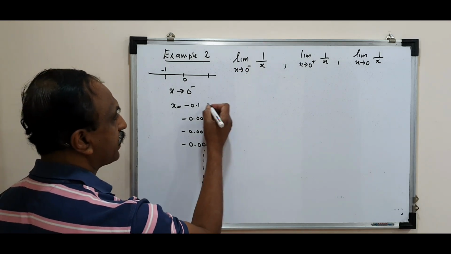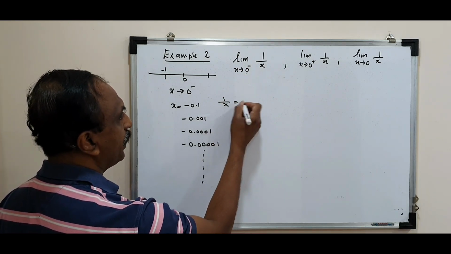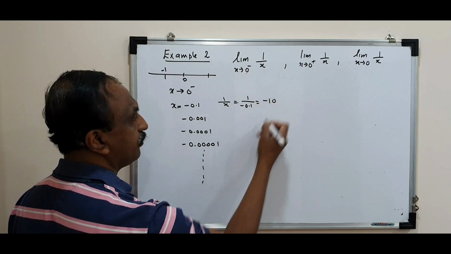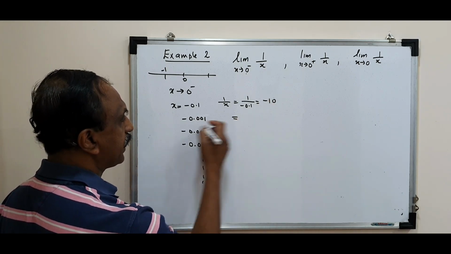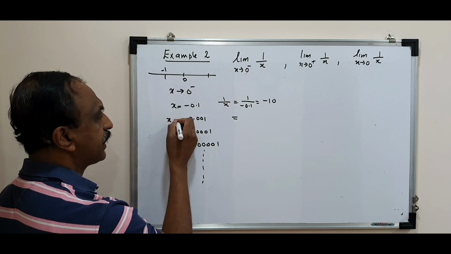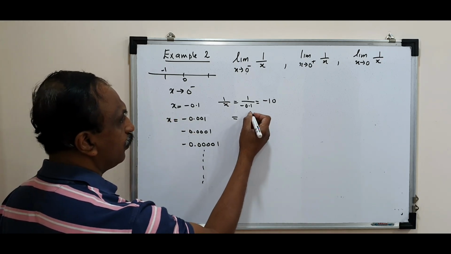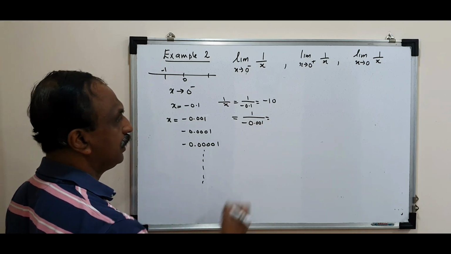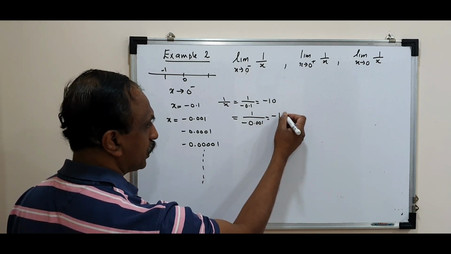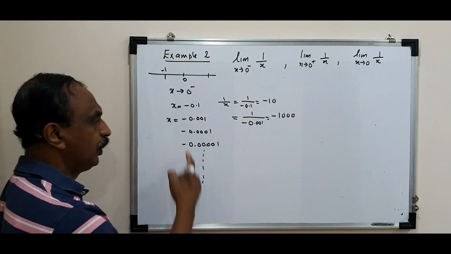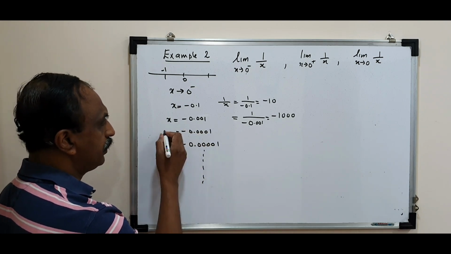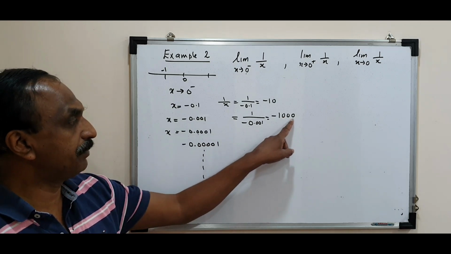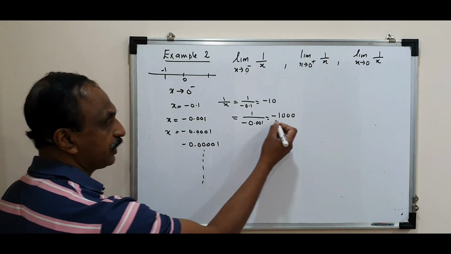What happens to 1 by x? 1 by x will be 1 upon minus 0.1. That is equal to minus 10. What will be in the second case? When x takes this value, 1 upon minus 0.001, that will be minus 1000. You will notice that as the number of zeros after the decimal is increasing, that many digits will keep on increasing on the right hand side.